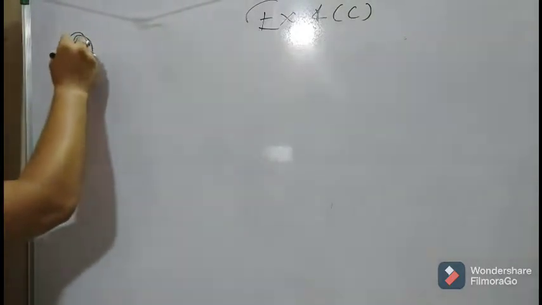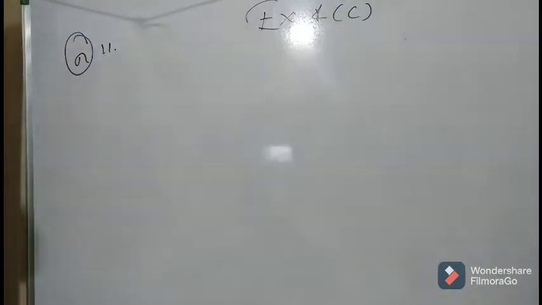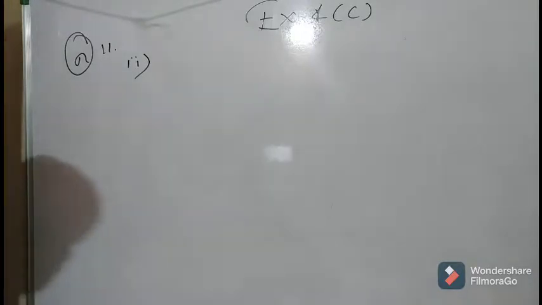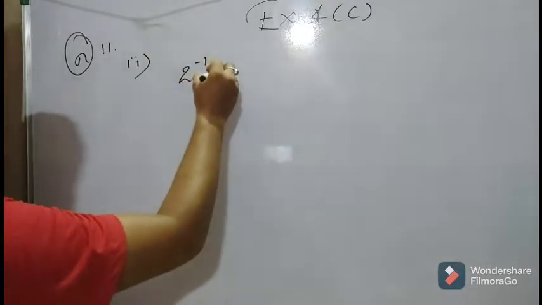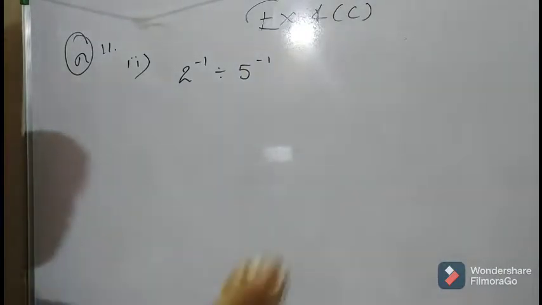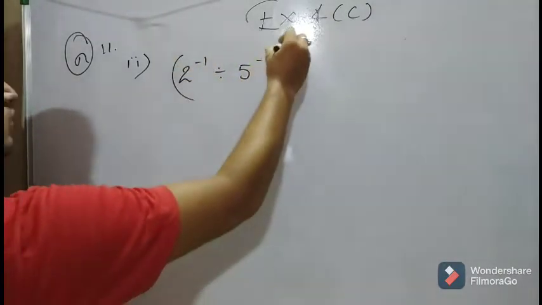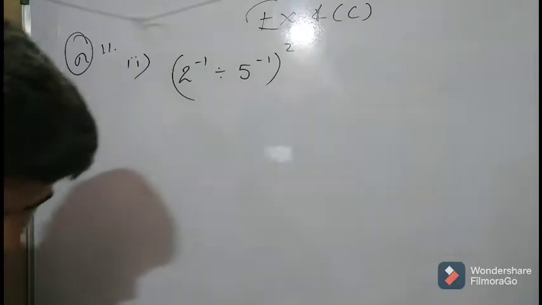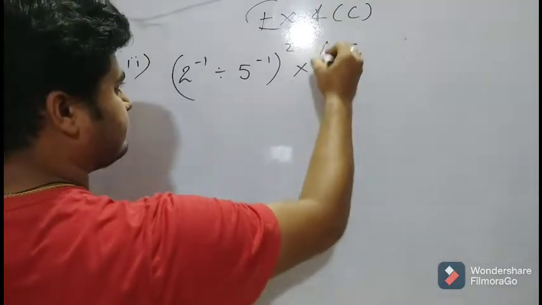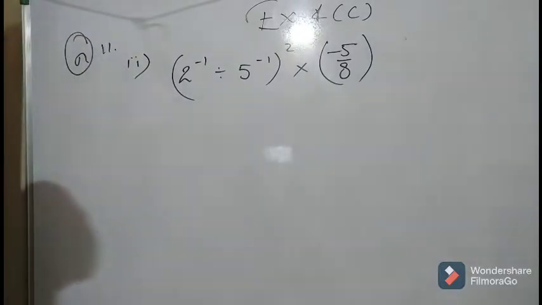Let's see question number 11, second part. It is saying 2 power minus 1 divided by 5 power minus 1, whole to the power 2, multiplied by minus 5 by 8 raised to the power 2.